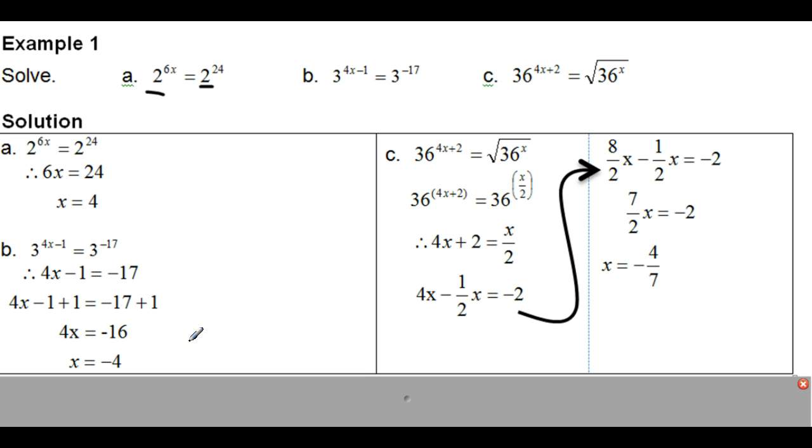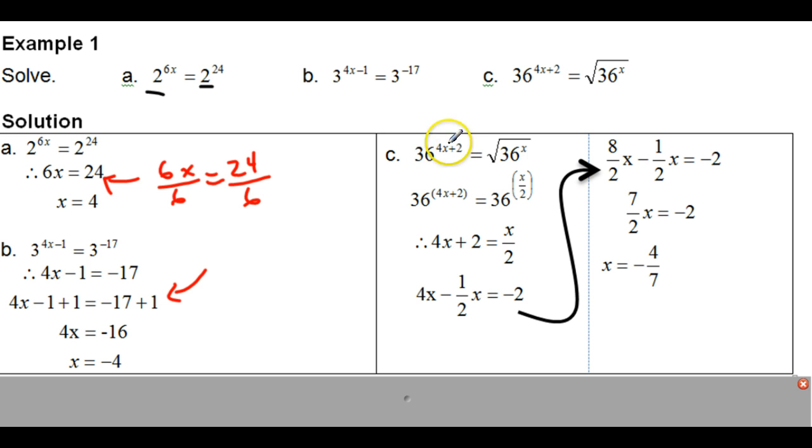Now as far as the steps required to be shown, if you don't write this step in, that's fine. Just like I didn't write in the step here that I intended to, which was 6x divided by 6 equals 24 divided by 6. If you don't write those steps in, that's fine, as long as you know what you're doing, of course.